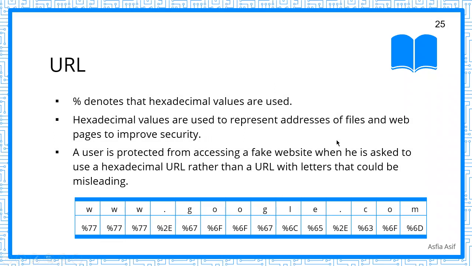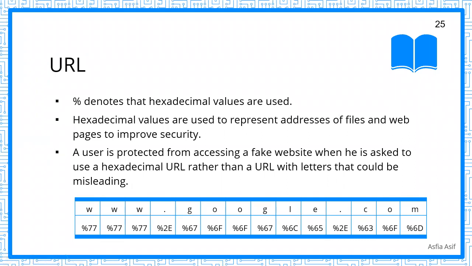They are used to represent addresses of files and web pages to improve security. A user is protected from accessing a fake website when he's asked to use a hexadecimal URL rather than a URL with letters that could be misleading. Why would they be misleading? A fake website can be something like this that we might not notice if you are typing GOOGLE.